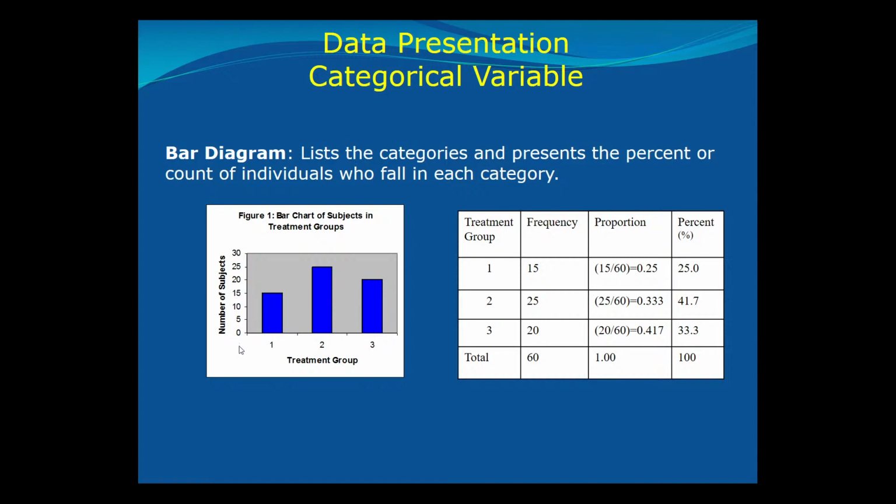It is necessary: treatment groups and number of subjects. The same information can be represented as a graph or as a table with columns. For a categorical variable, we should use frequency and proportion.